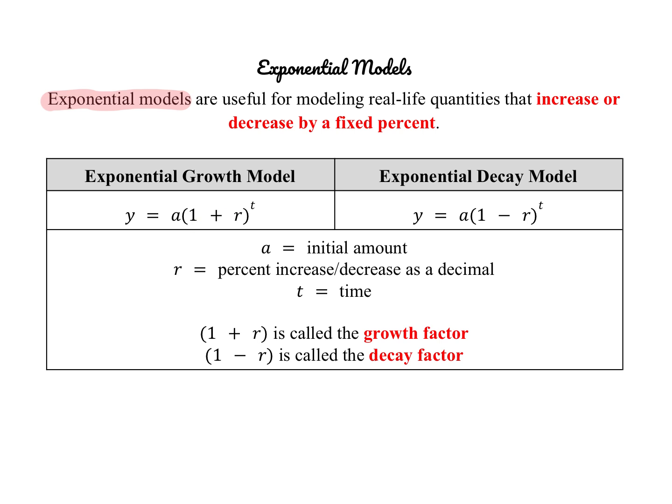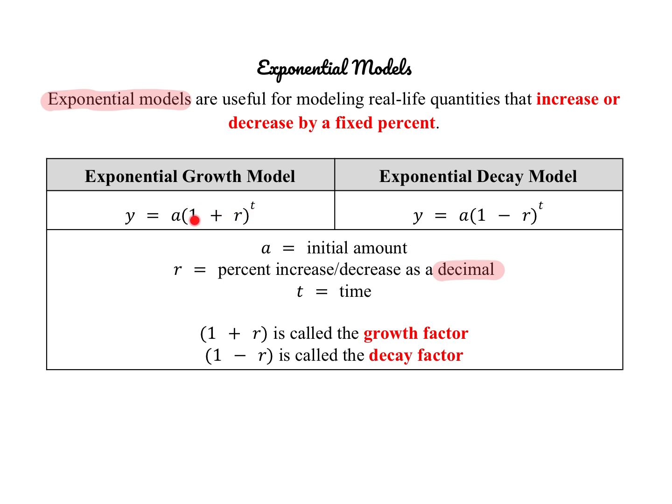And then you do 1, and then you do plus r, which is the percent increase in this case, as a decimal. You do need to make sure to rewrite it in decimal form. And then you raise this to the power of t, which is whatever unit of time you're working in. Could be years, could be days, it depends on the scenario.